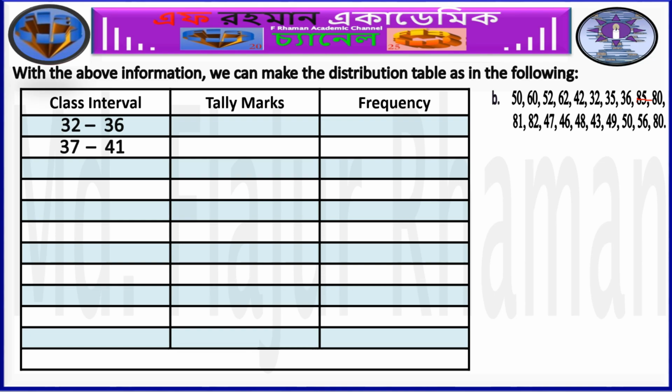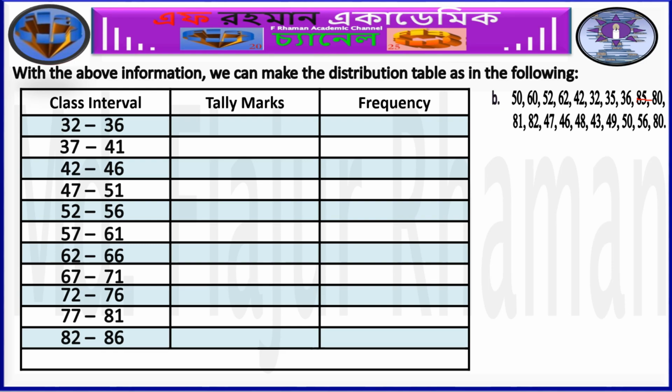In the same way, we can write the class interval as 42 to 46, 47 to 51, 52 to 56, 57 to 61, 62 to 66, 67 to 71, 72 to 76, 77 to 81, 82 to 86.